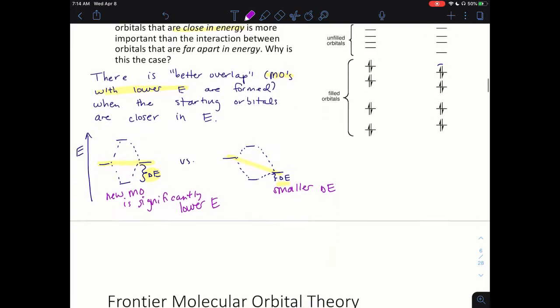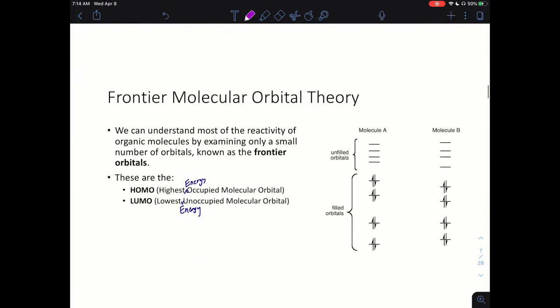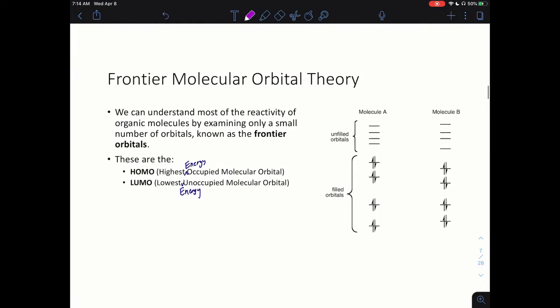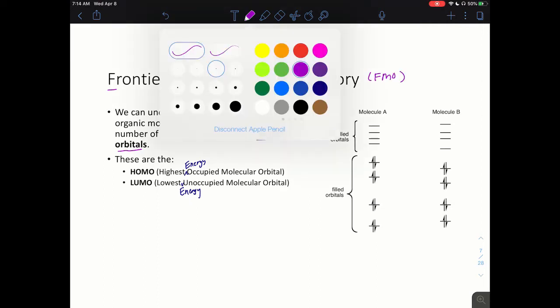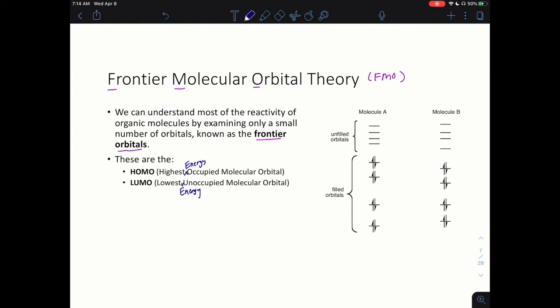That means that we can just limit our discussion to filled and empty orbitals that are close together in energy. So that means that we're only going to need to consider the frontier molecular orbitals, hence frontier molecular orbital theory. You've already actually thought about the frontier molecular orbitals. So we have the HOMO, the highest energy occupied molecular orbital.